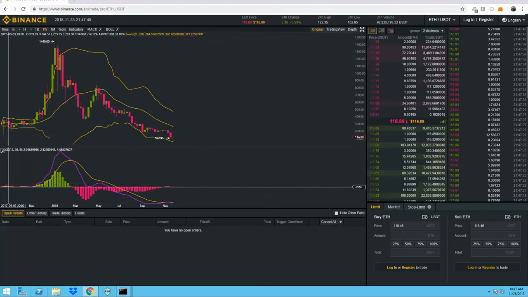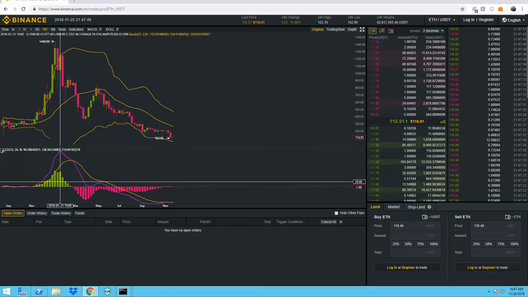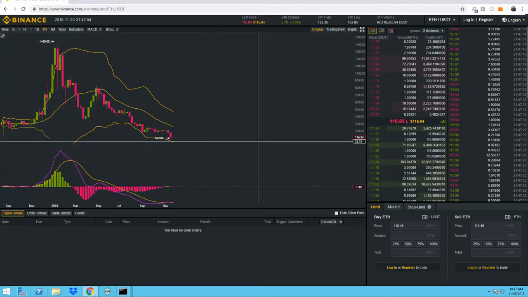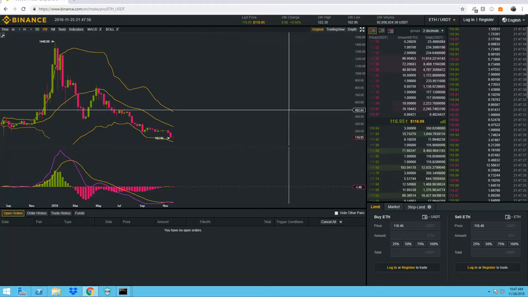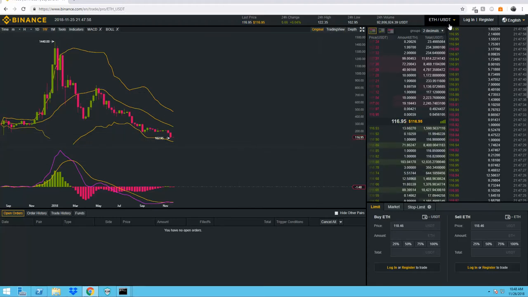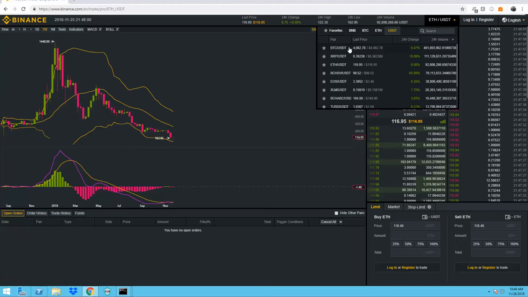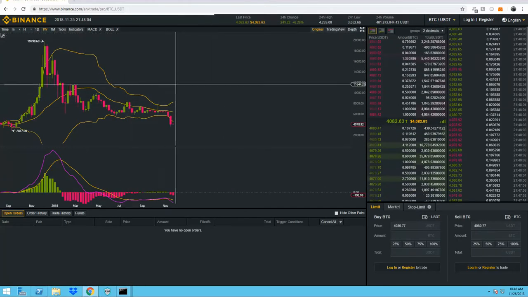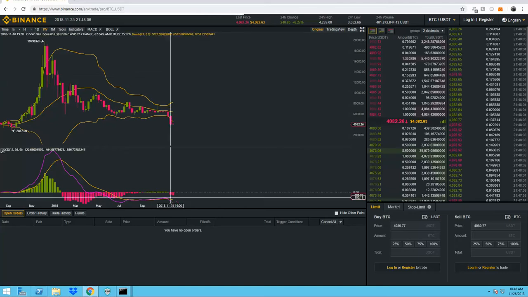Right now, this is the resemblance of what we're seeing right here at the bottom, and it's going to go up and take off like a bat out of hell. I'm sharing this with you because I do believe that Ethereum is going to overtake Bitcoin at some point in time. Here's Bitcoin currently, and the way it looks as it's dropping.